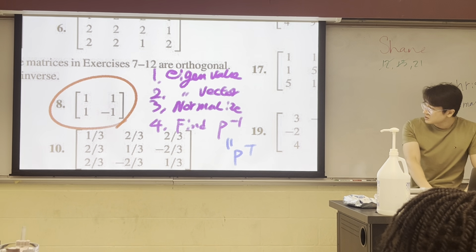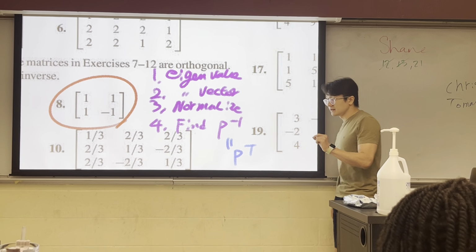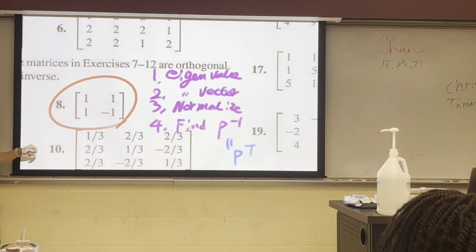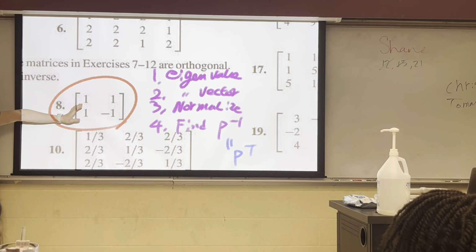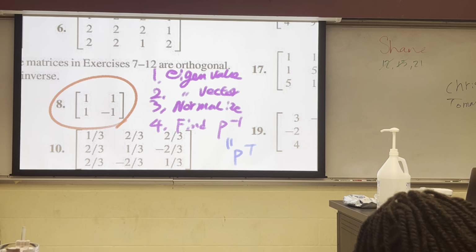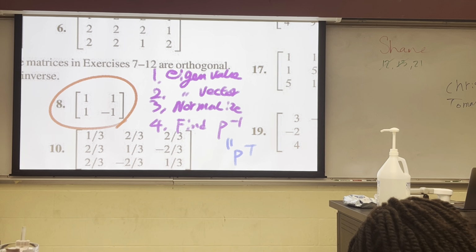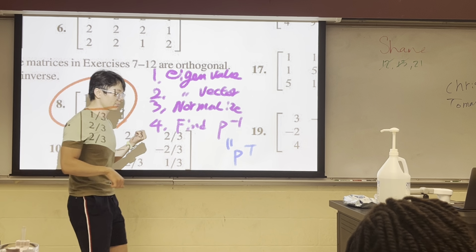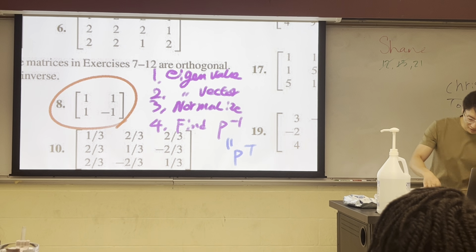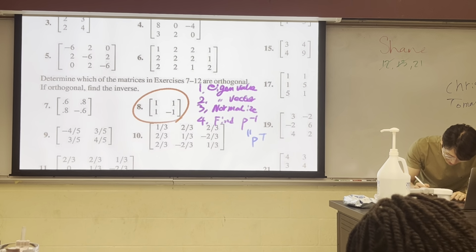Okay, this one we did together. Diagonalize, meaning find P and D using an orthonormal basis, orthonormal columns. Right? Okay, maybe not this one.